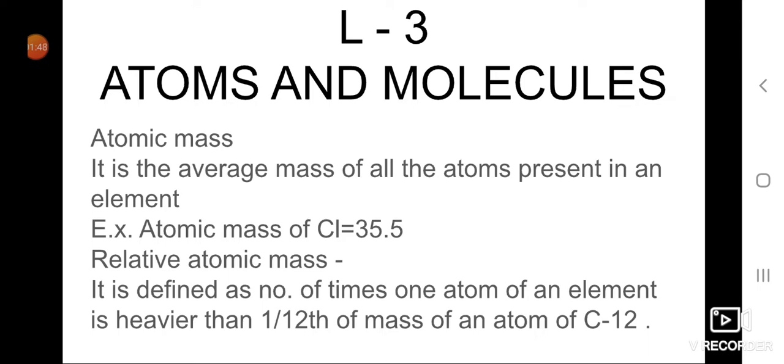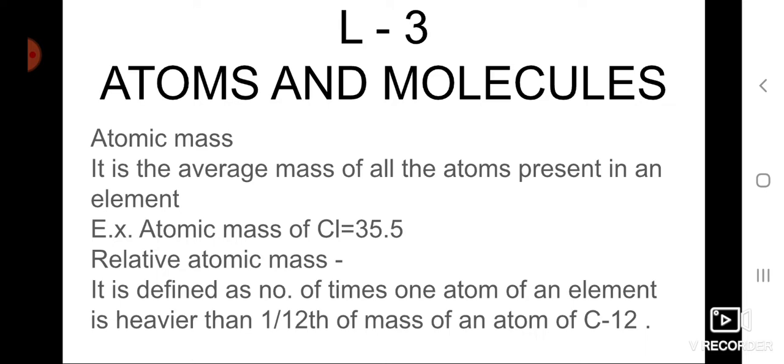Relative atomic mass. It is defined as number of times one atom of an element is heavier than 1/12 of the mass of an atom of carbon. The relative atomic mass of an element is a pure number and hence it has no unit.